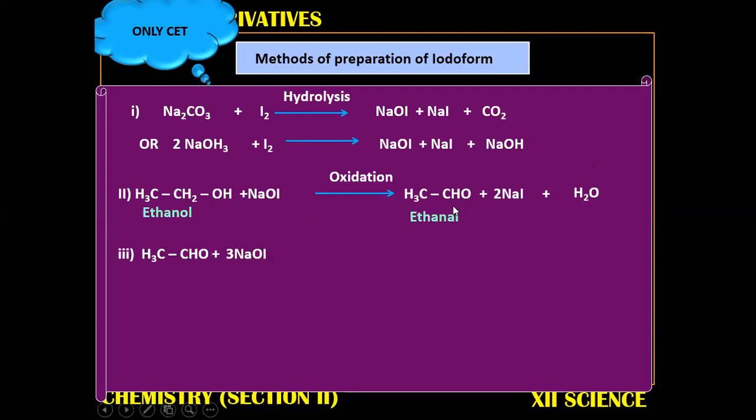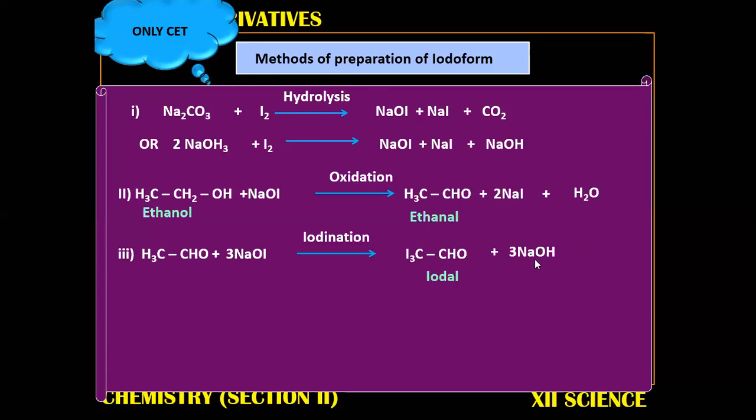Third one. Now you take ethanal, which will undergo further iodination to form iodal. First we got chloral, now we are getting iodal. Iodal is triiodoacetaldehyde or 2,2,2 triiodoethanal.